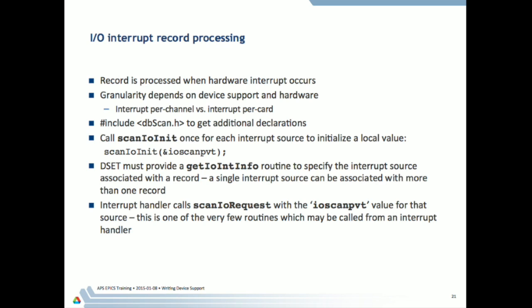That's useful if you need to queue data that you're getting in from hardware, because it allows you to properly handshake between the interrupt service routine and the device support that's actually reading the data out of the queue.